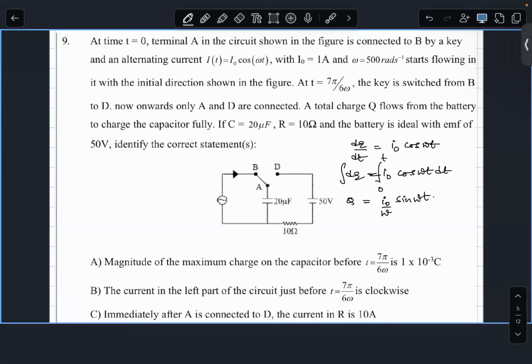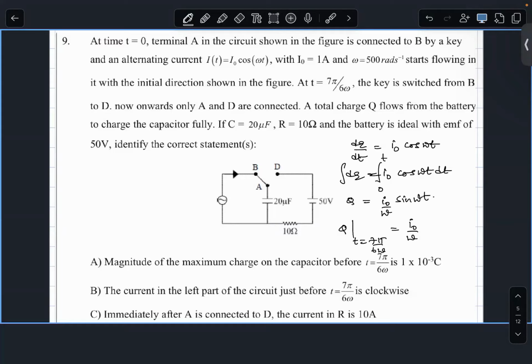Any doubt? What is the role of AC in this, till this point? Which means at t equal to 7 pi by 6 omega, it is I naught by omega sin of 7 pi by 6. What is 7 pi by 6? Pi plus pi by 6.